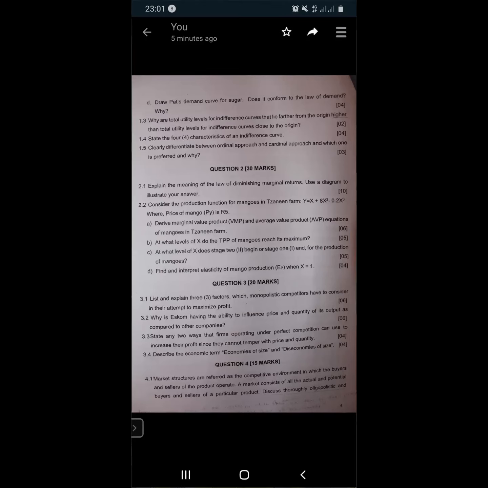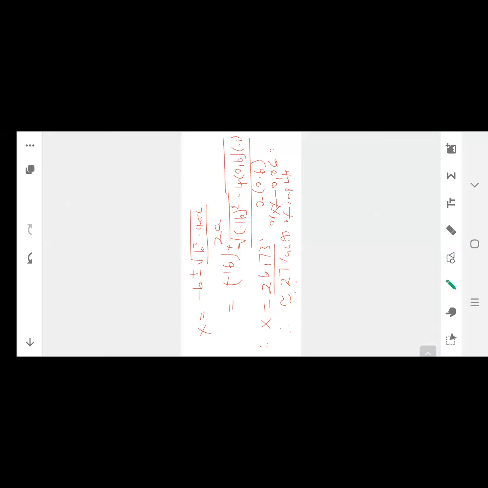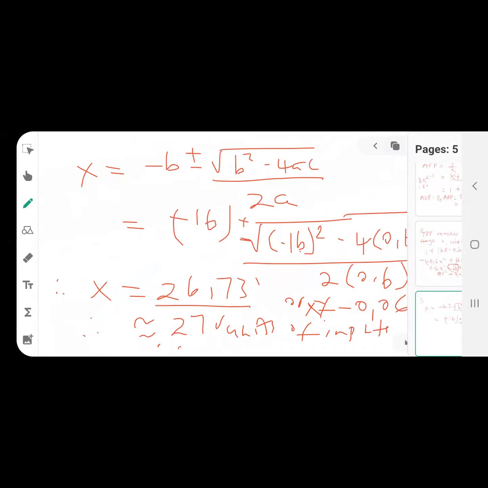So this is how they said it. If you don't know your theory, you will not get this right. So you will write that stage 1 ends or stage 2 begins at a point where APP reaches its maximum and APP is equal to MPP.